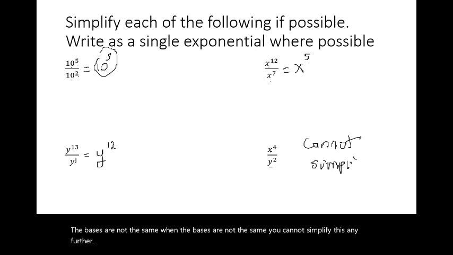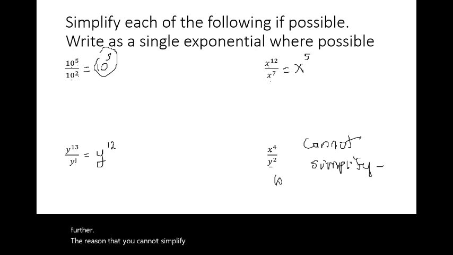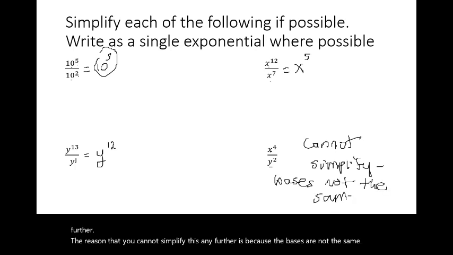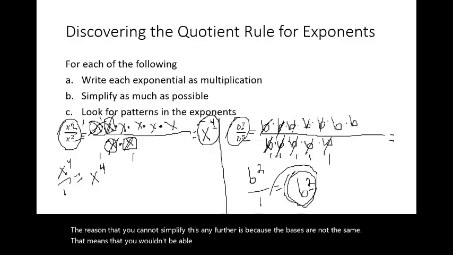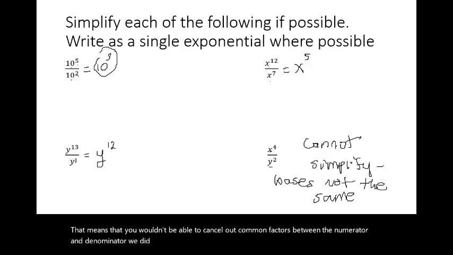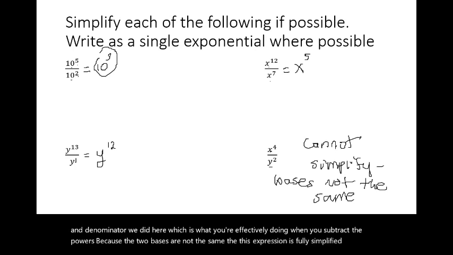That means that you wouldn't be able to cancel out common factors between the numerator and denominator like we did here, which is what you're effectively doing when you subtract the powers. So because the two bases are not the same, this expression is fully simplified and cannot simplify any further.